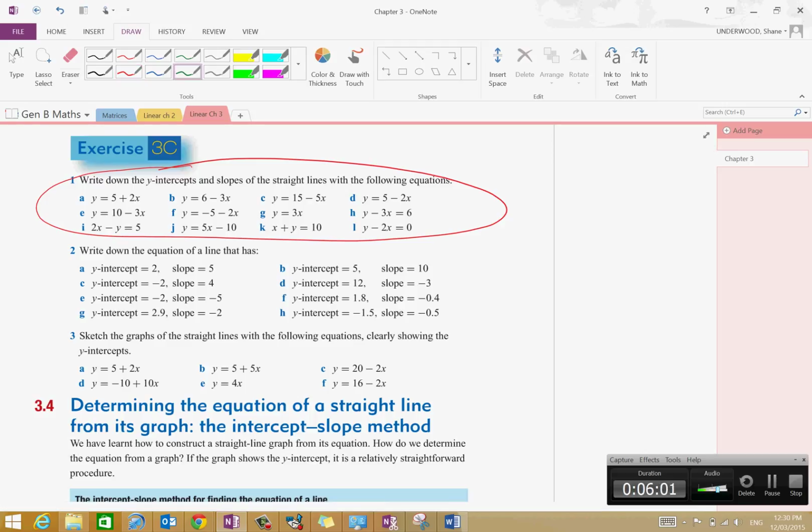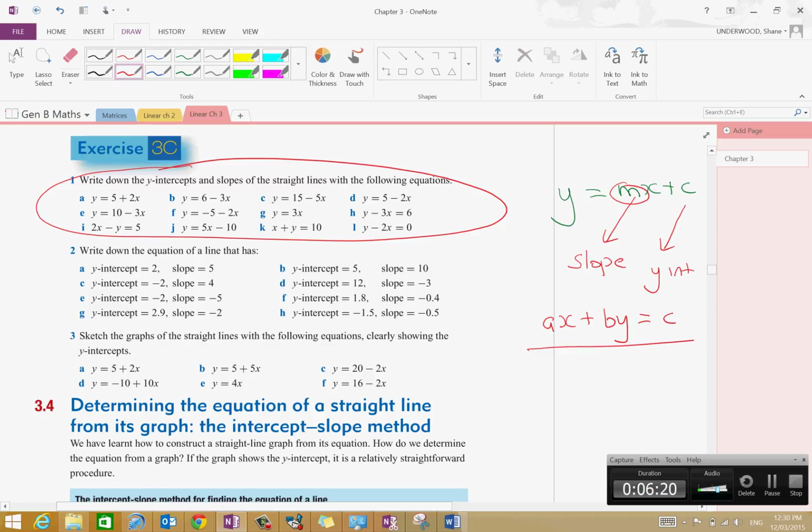If the equation is y equals mx plus c, you need to know that m is the slope and c is the y-intercept. It has to be in this form. If it's in this form, ax plus by is equal to c, you cannot find the y-intercept and you cannot find the slope from that. It has to be y in terms of x.